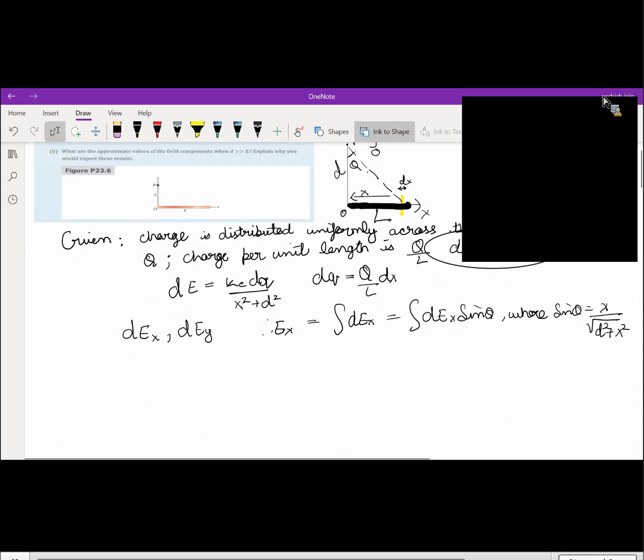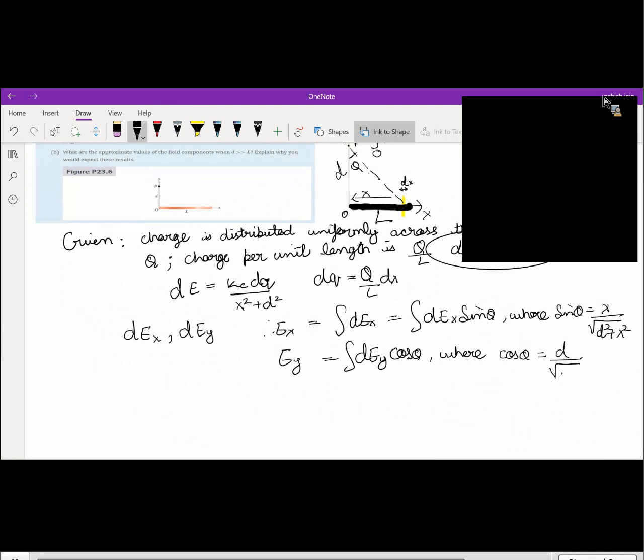Similarly, you can write Ey as the integral of dE cos theta, where cos theta equals d over the square root of d squared plus x squared.